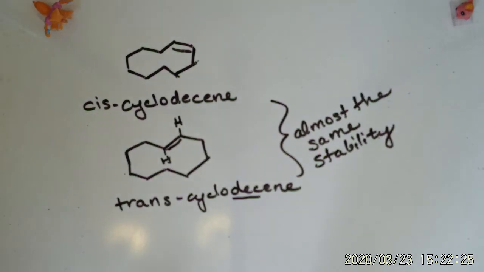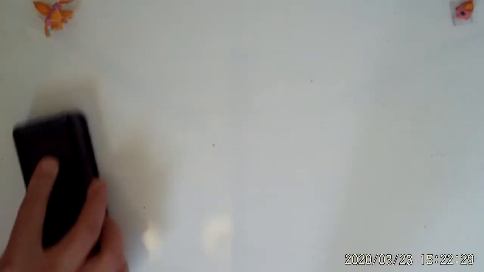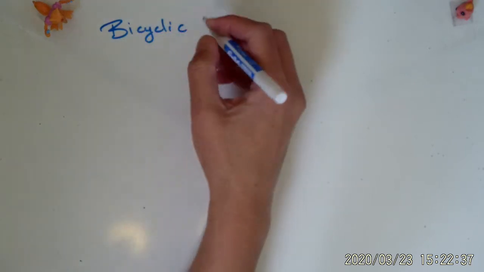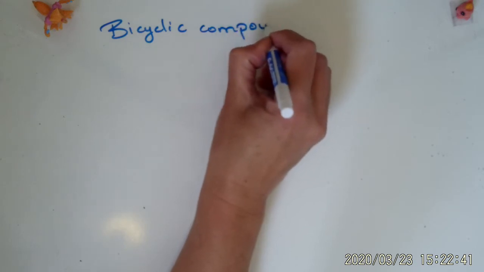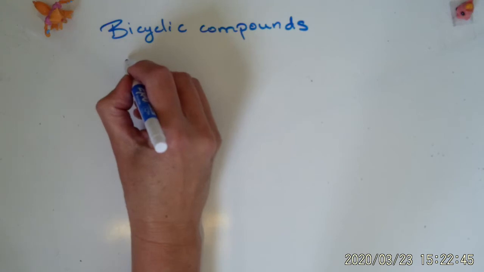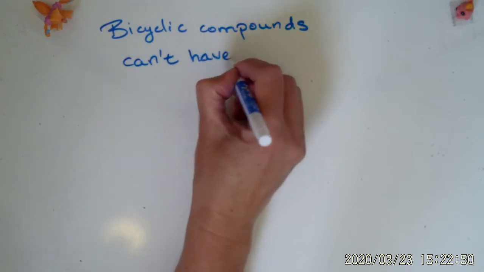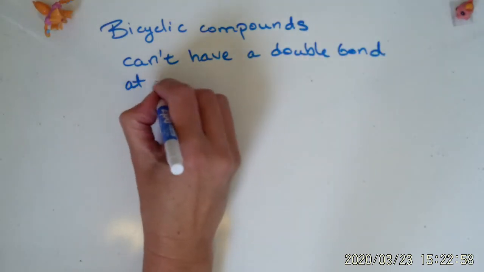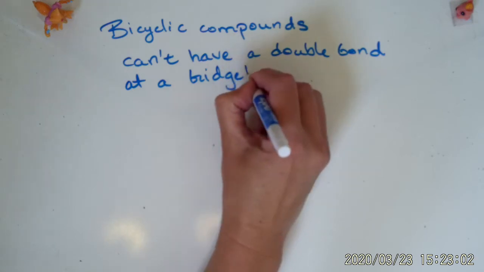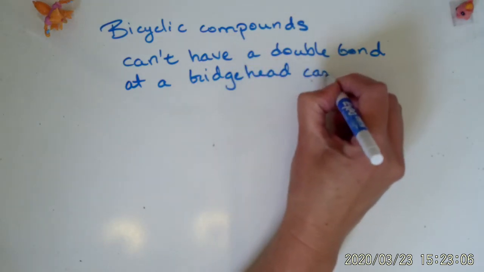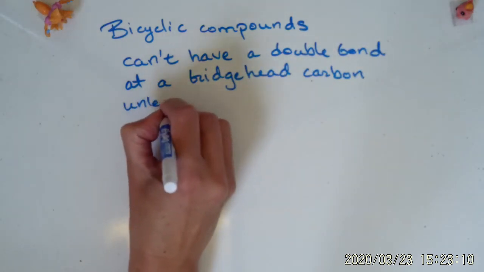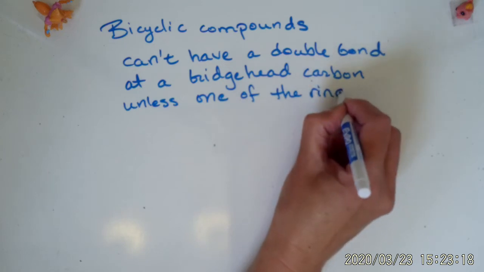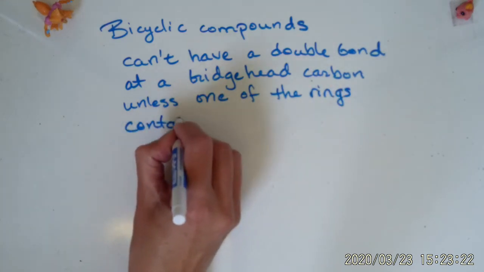Now, if we take a look at our bicyclic systems, okay, again, you can't have a double bond at a bridgehead carbon unless one of the rings contains at least 8 carbons.